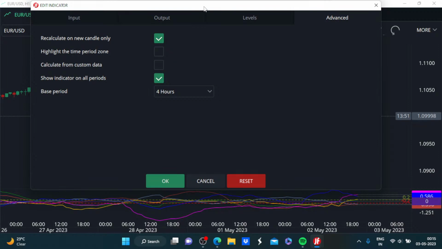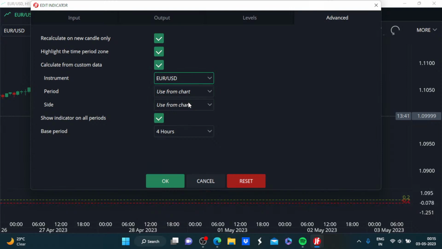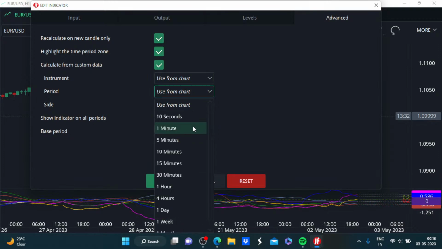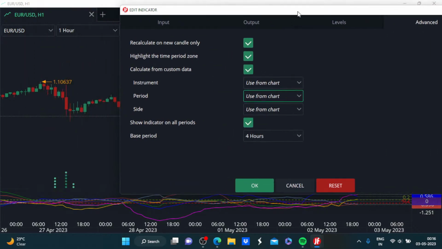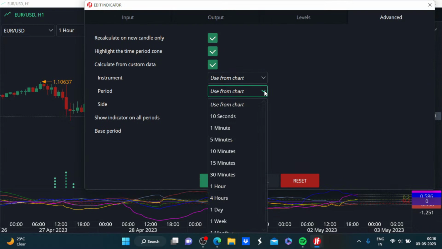Highlight the time period zone: whatever is your calculation period will be highlighted if you opt in for this option. Calculation can be customized further with these options of going for different types of instruments. You can use it from the chart, or you can even specify. The candle period can also be varied. You can use it from the chart as it is, or you can select a different candle period.